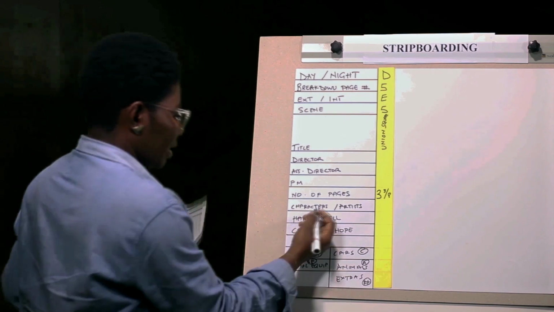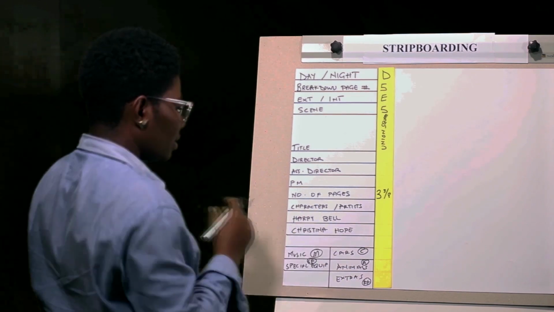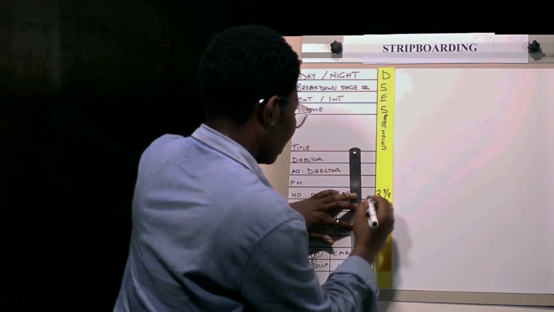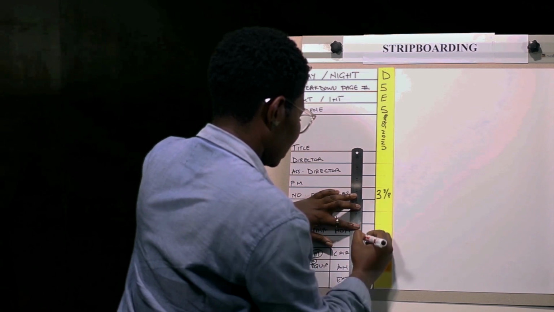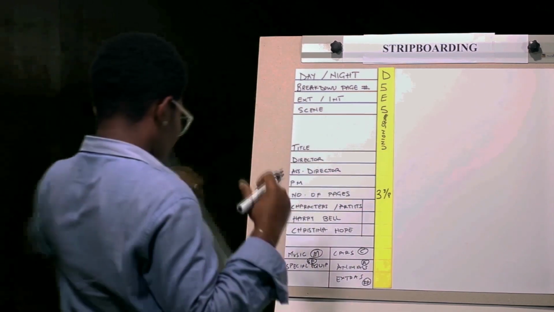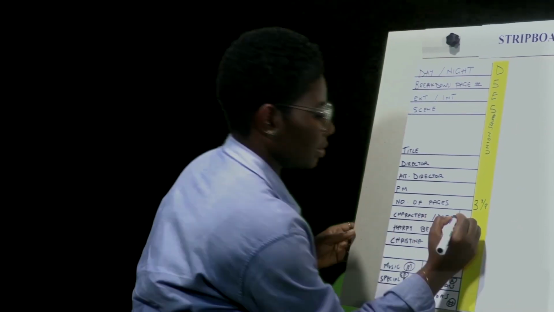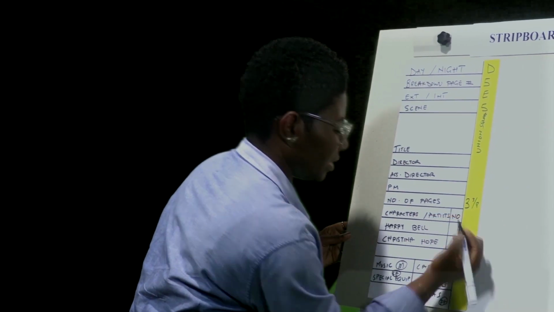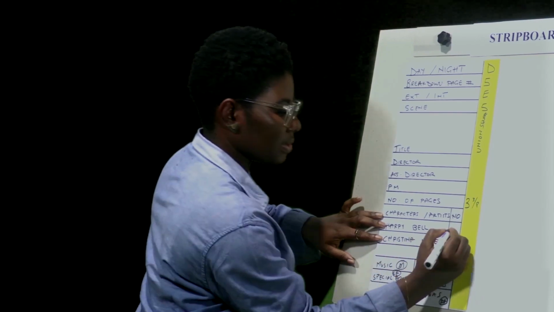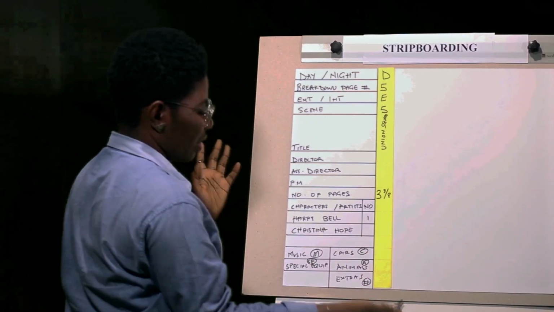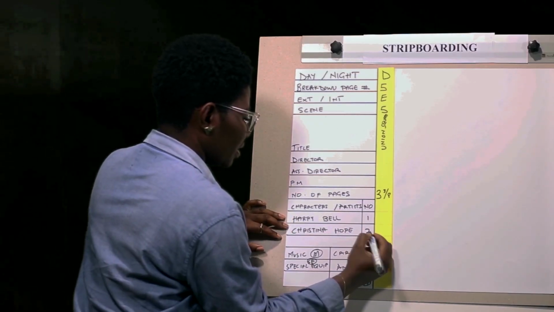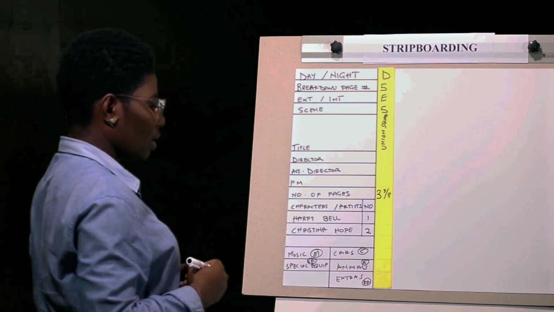Okay, so the characters and the artists, each character on a set, in order of maybe the main character, the supporting character, so we represent that with numbers. So in our case, Harry is character number 1, Christina is character number 2.